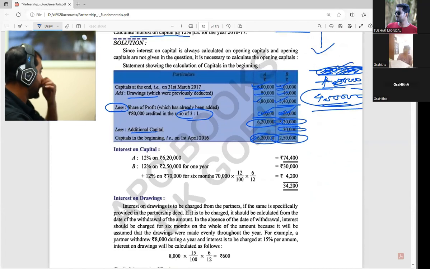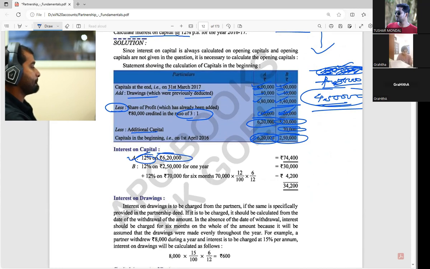Now I am calculating the interest on capital. So A, 12% on 6 lakh 20, right? Opening capital in full I have taken. And B, remember, contributed additional capital at some time. That additional capital we will see later, in a different manner.